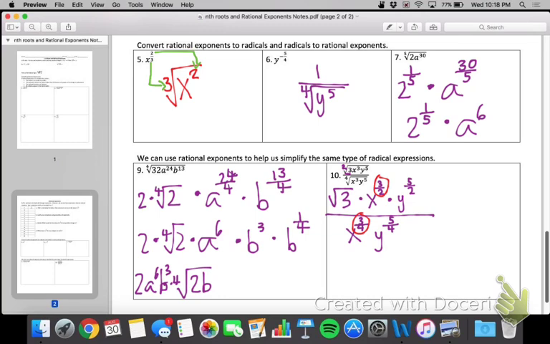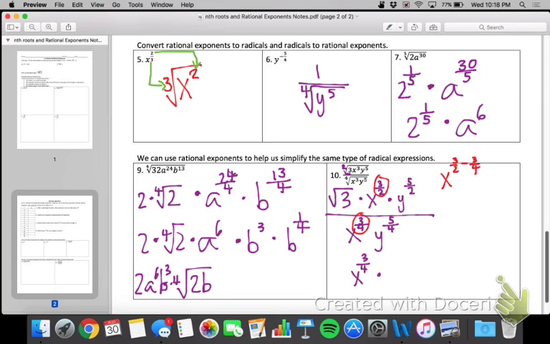So I'll do this off to the side. x to the 3 halves minus 3/4, and I'm pretty sure that comes out to 3/4. Yeah. So my new exponent on x will be x to the 3/4.